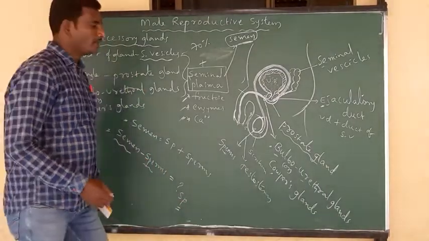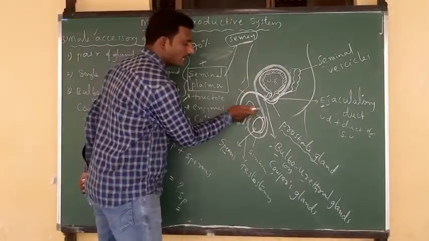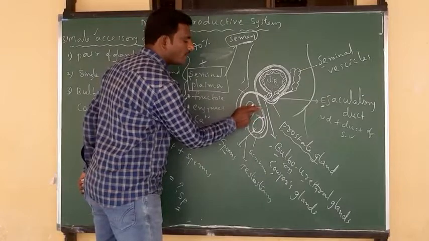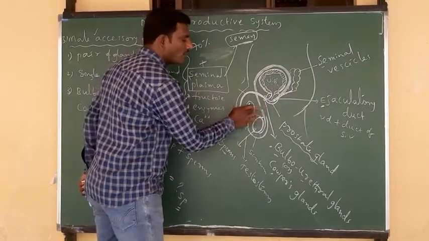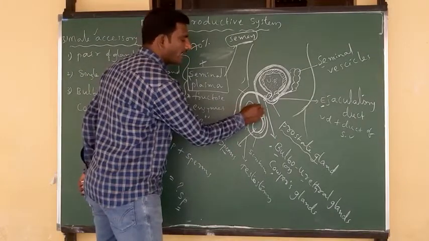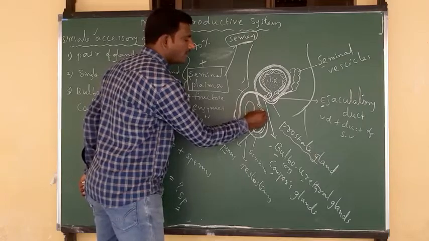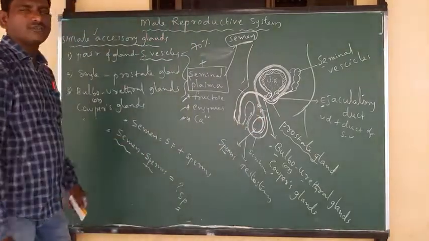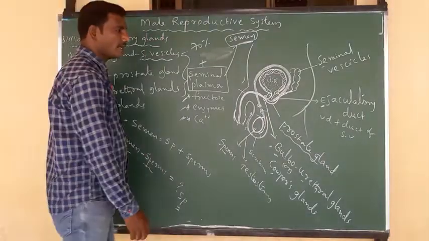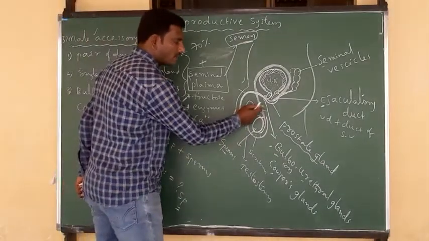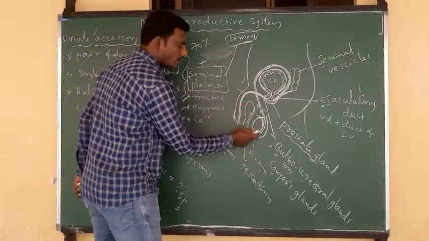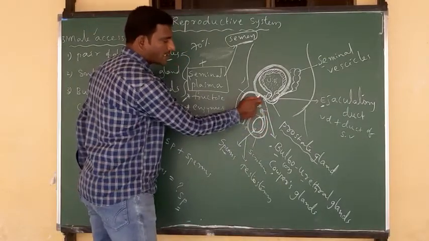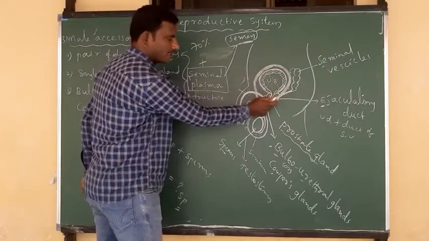Now already we know vasectomy surgery. In that case, what are they doing? They are simply cutting the vasa deferentia. A small part of the vasa deferentia is removed. After removing, they tie it up using threads like this. On the scrotum, they cut the vasa deferentia. So finally what happened? Once the vasa deferentia are cut, there is no transportation of sperm cells. Sperm cells do not enter the ejaculatory duct.